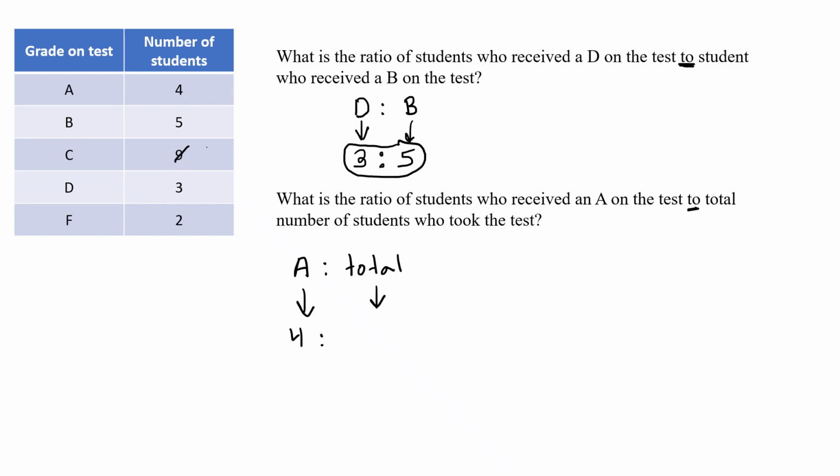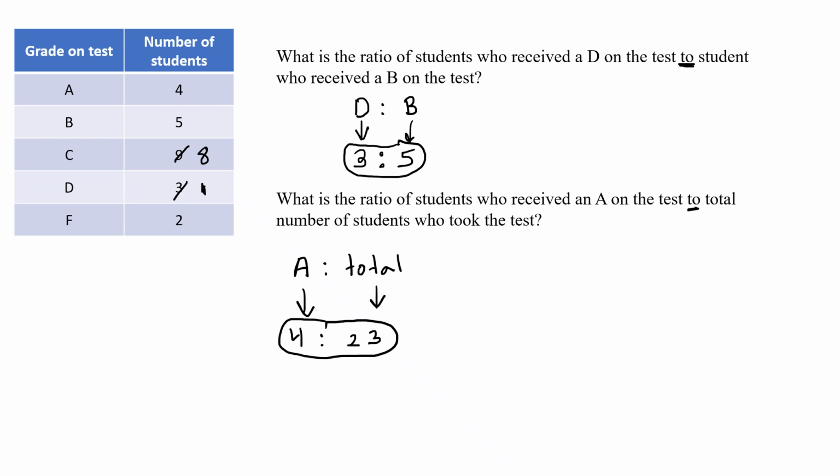I like to add differently. 8 plus 3 is 11. 1 plus 2 is 3. So we got 3, and there are 2 tens, so that's 23 students. So there are 23 total students and 4 of them got As. The ratio of students who got As to total students is 4 to 23. You have to include the 4 in the total.